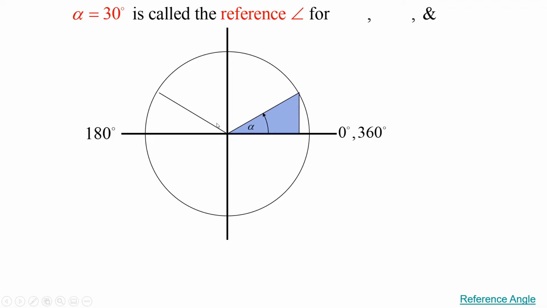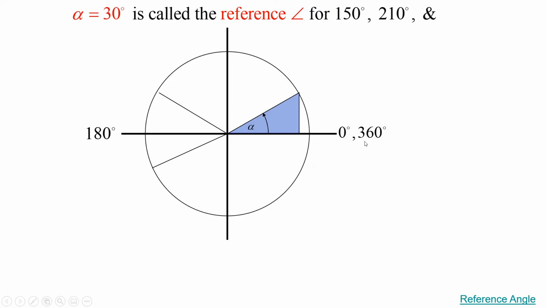And notice how I got that 150 degrees? Well, if this is 30 degrees on this side, then this would have to be 30 degrees right here. And 180 minus 30 degrees gives me 150 degrees. And then look at my quadrant 3 angle right there. Add 30 to 180 to get 210 degrees. And then look at your quadrant 4 angle over here.